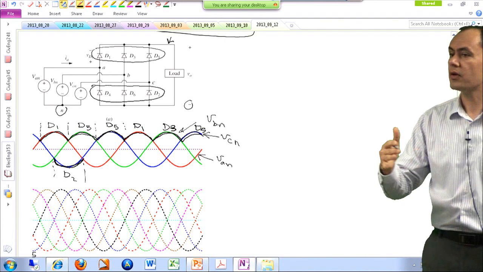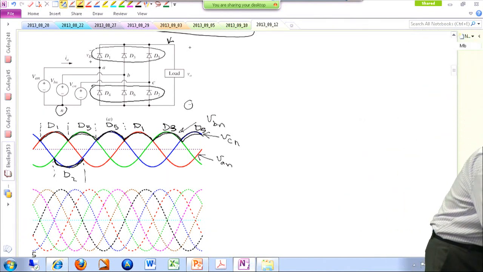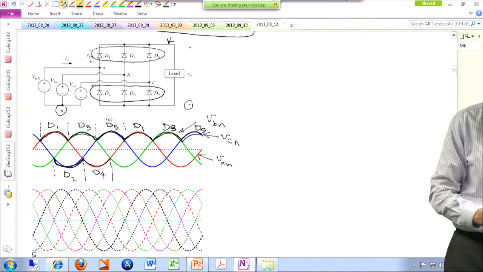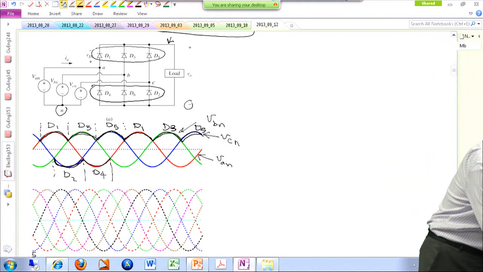Then the red curve is the most negative one, and red was VAN, and VAN is connected to D4. So this is going to be D4. And then the green one is the most negative one, and the green one is VBN, and VBN, according to the schematic, is connected to D6, so D6 is going to be on.